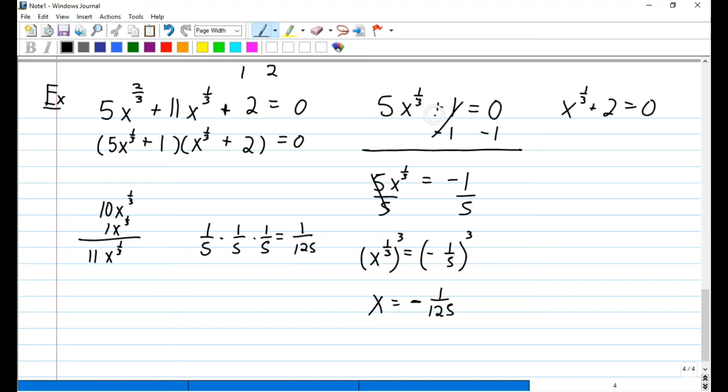Alright, so that's one of my answers. Let's see what my other answer is. Minus 2, minus 2. So x to the 1/3 equals negative 2. Raise both sides of the equation to the reciprocal power. That's 3.